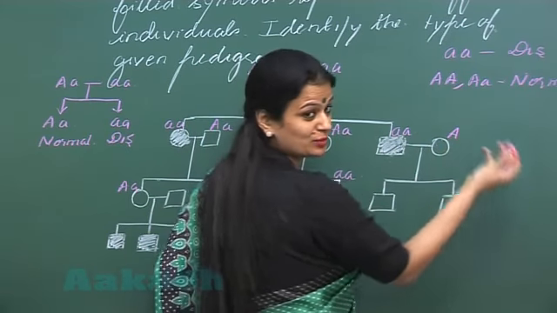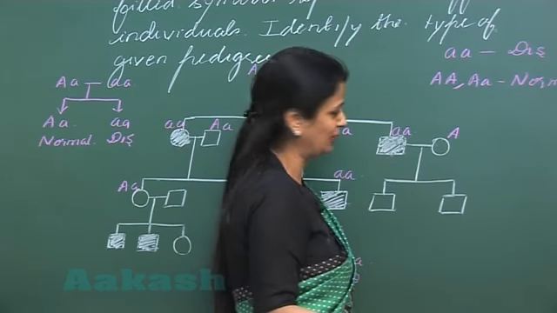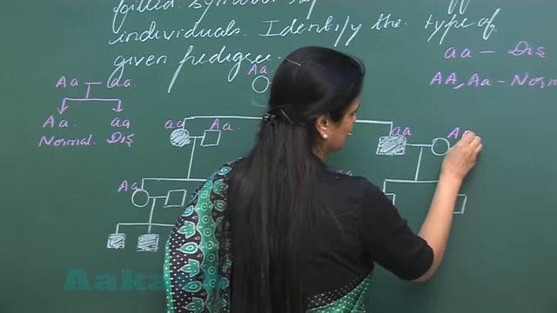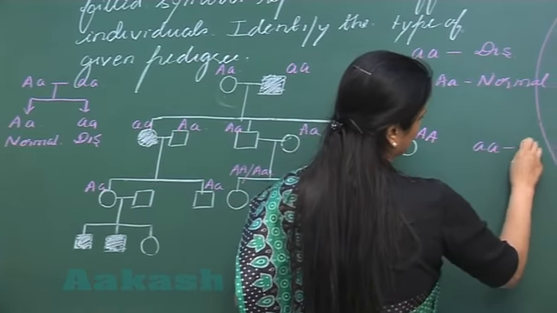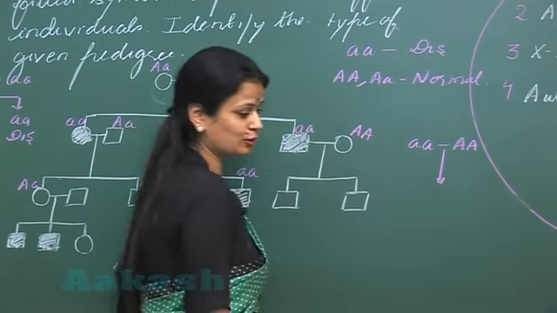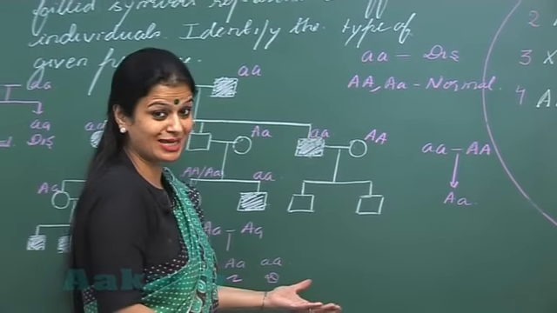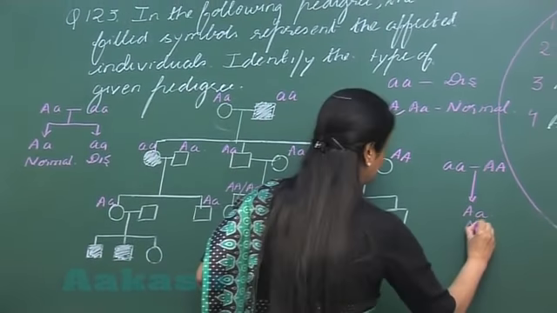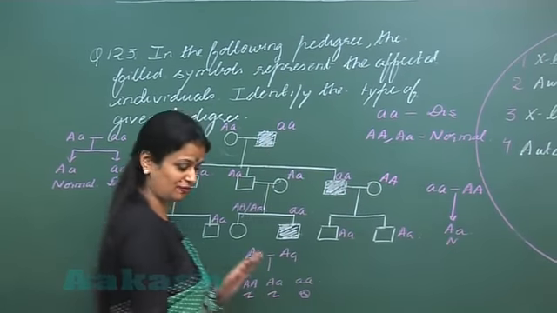It can be homozygous dominant or heterozygous. It's a normal individual. Let's say it is homozygous dominant. If a homozygous recessive and a homozygous dominant are crossed, the progeny is heterozygous. So heterozygous means normal. So these are normal, fine.